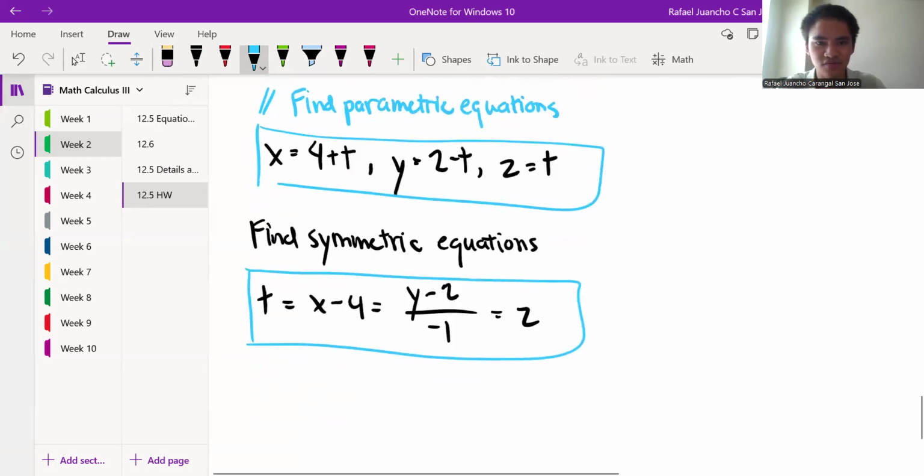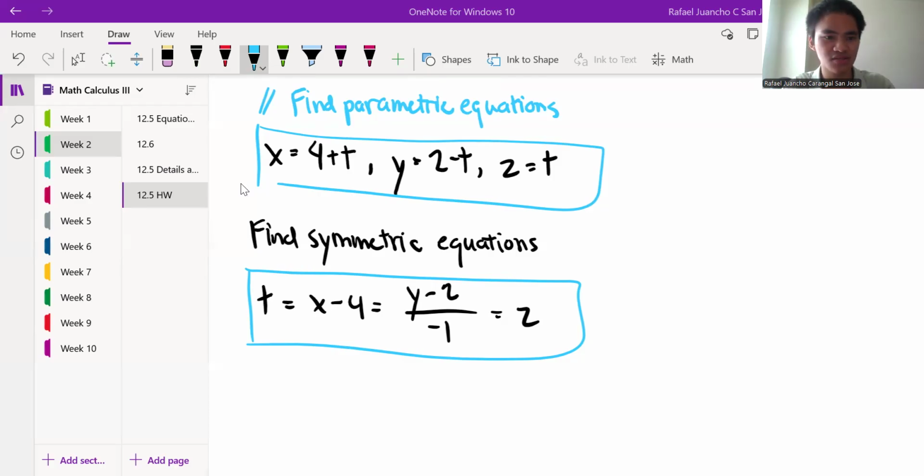Okay, I'm going to check if we got it. So for x, we have 4 plus t. For y, we have 2 minus t. And for z, we just have t. 4 plus t, 2 minus t, and t.